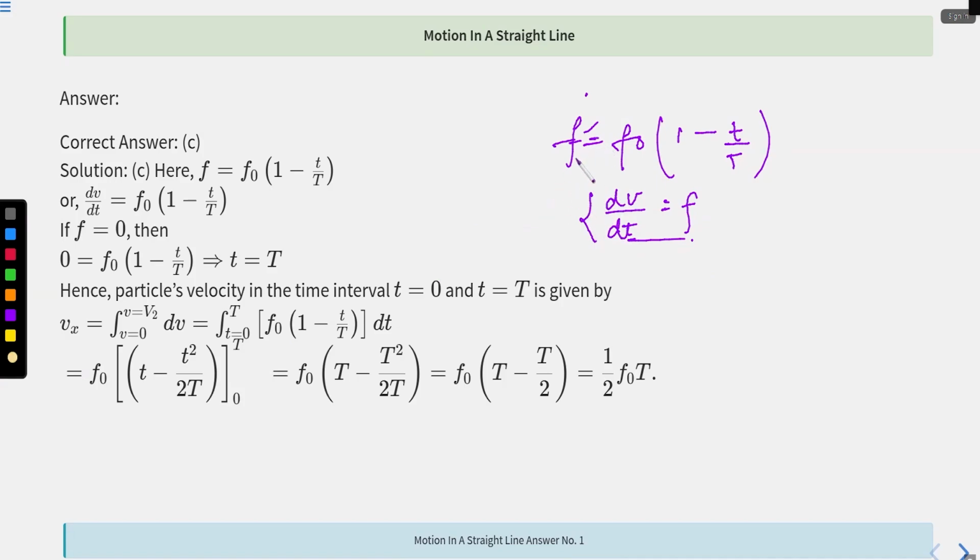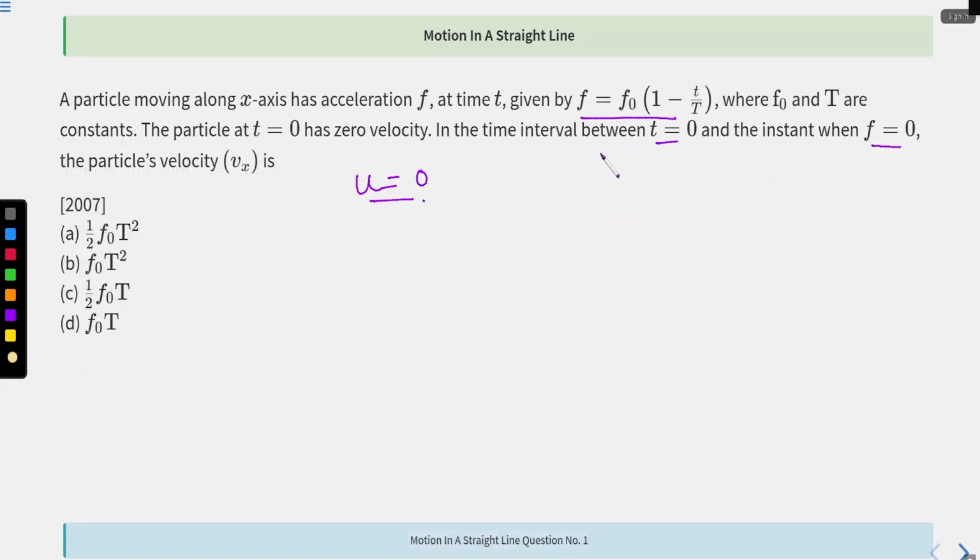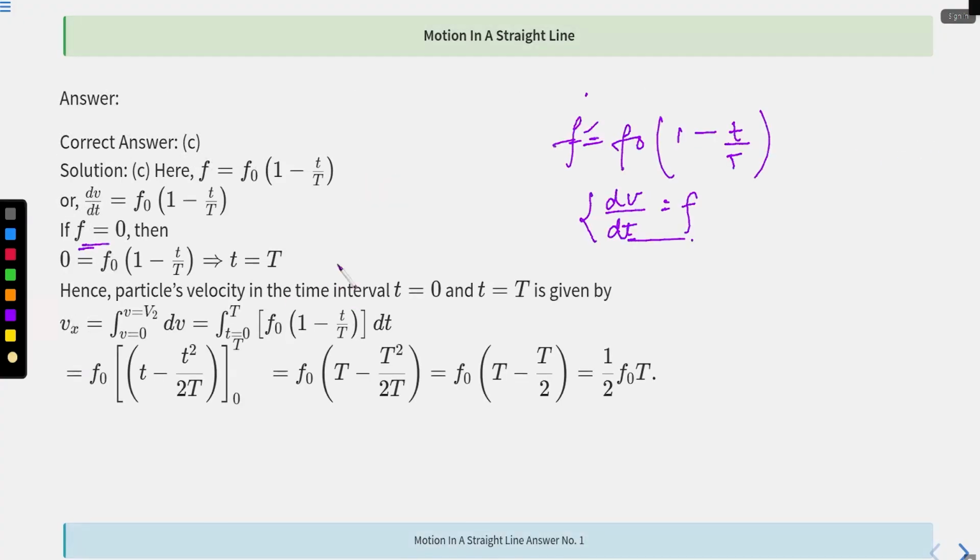Now what they have said is that f is equal to 0. What we basically have to do is, in this equation, we just put f equal to 0. If we put f equal to 0, we get small t equal to capital T. Then we can integrate the velocity from 0 to vx. Why 0 to vx?